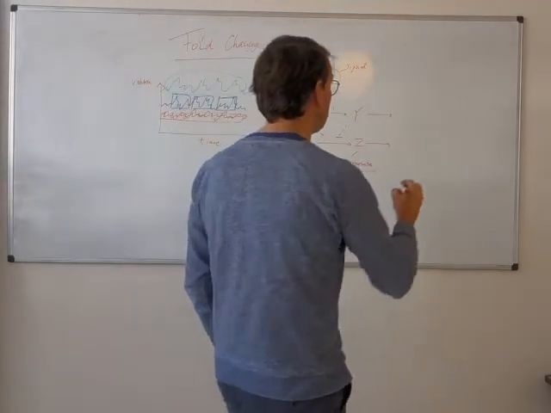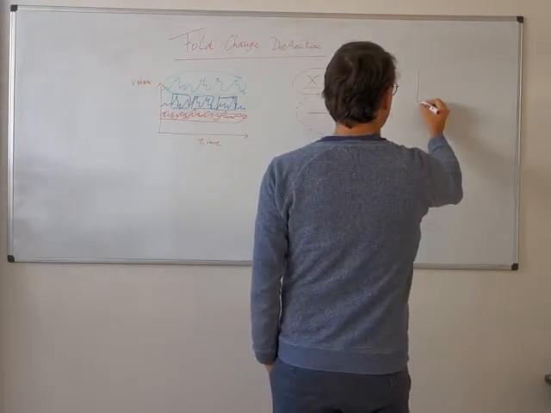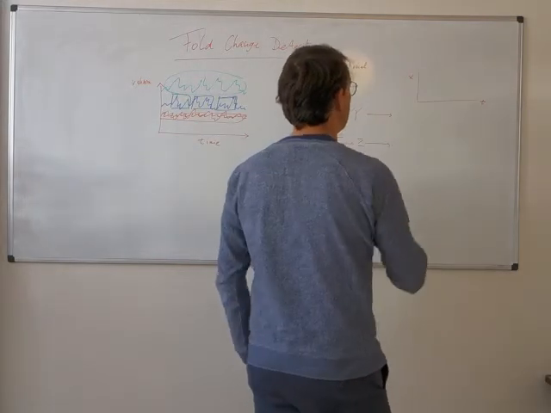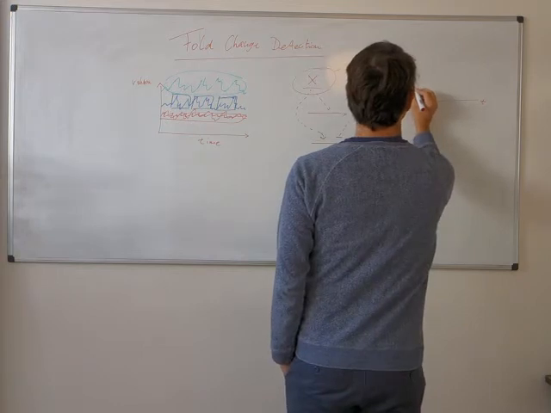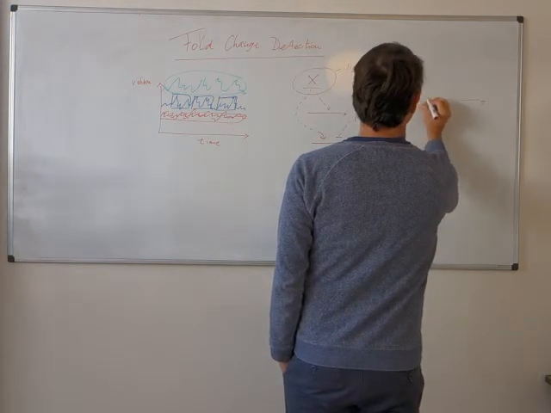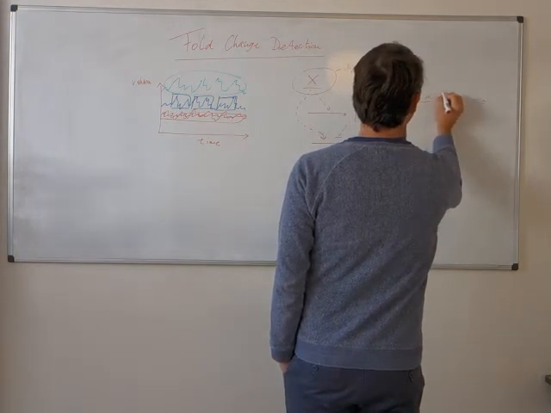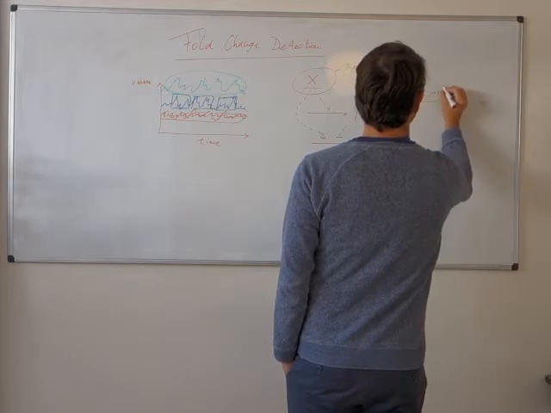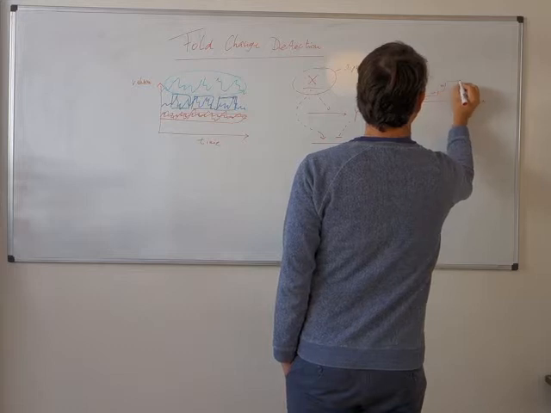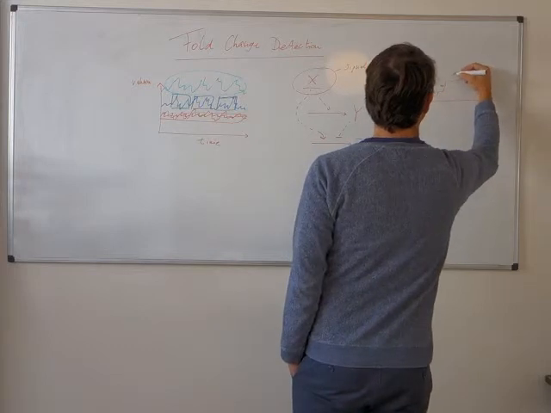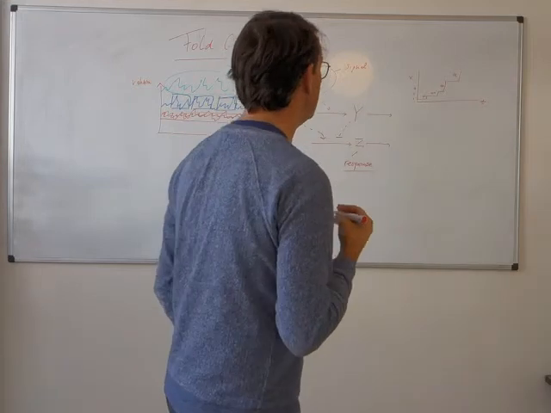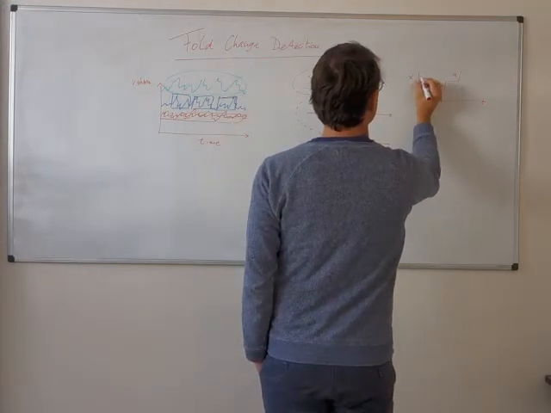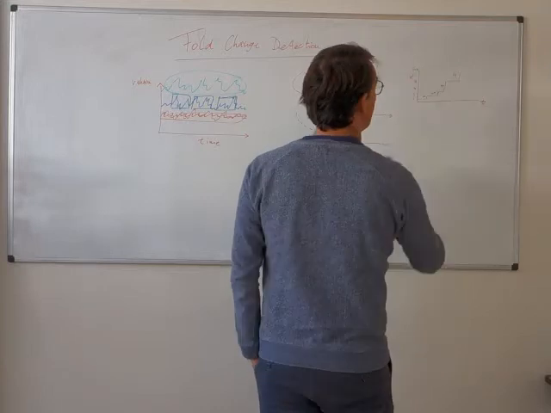Okay, so what are we going to do? We're going to change the concentration of X, say from 1 to 2 to 4. So we change it each time with a factor of 2. Then we change it twice with a factor of 4, so 4-fold: 4, 16, 64.